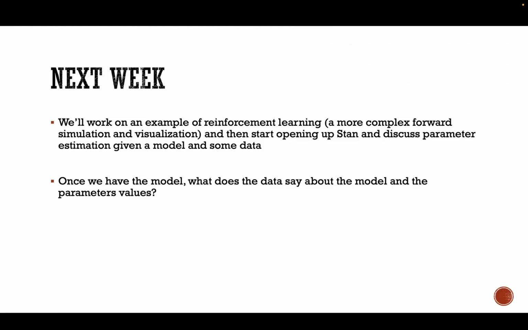And then once we decide that, what does the data tell us about the parameter values, the propensity to stay when winning, the bias in picking right or left, and so on and so forth. We'll do at a later lecture also, given that we have this universe of models, still the ones we picked, which one is most likely to be true if these are the only possibilities in the universe. Model comparison.